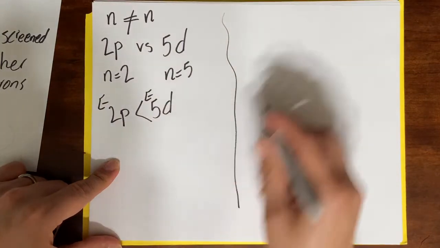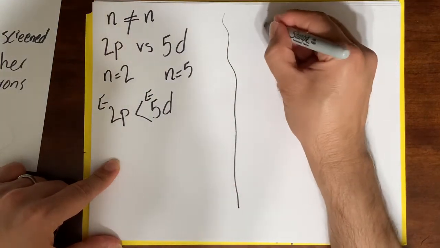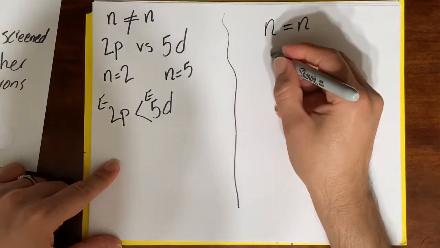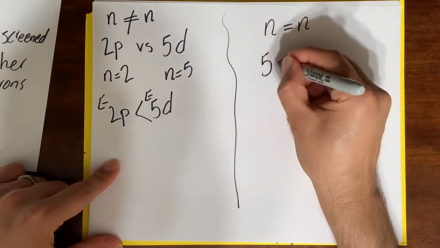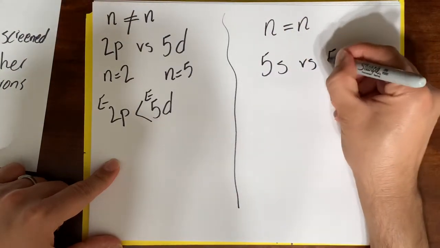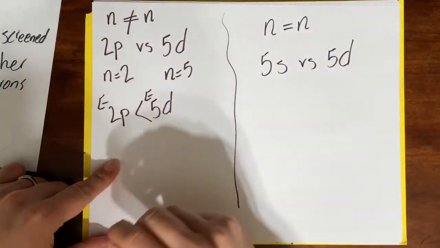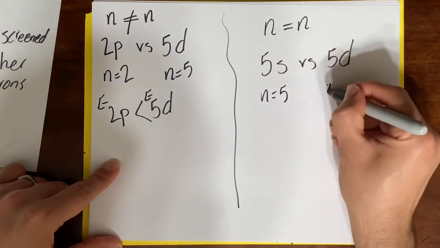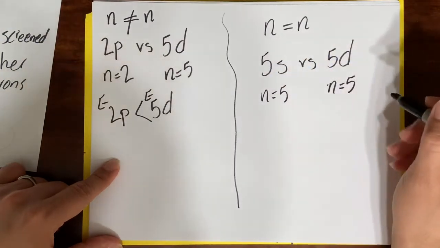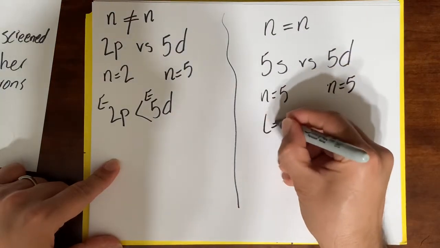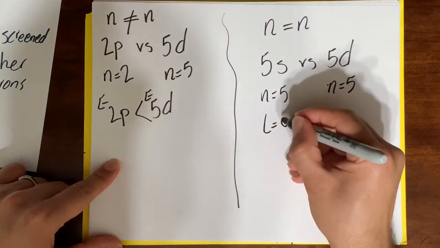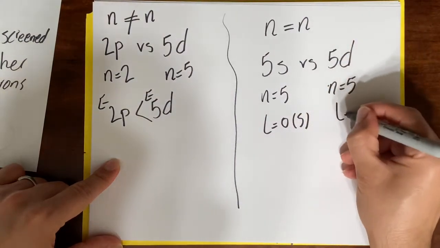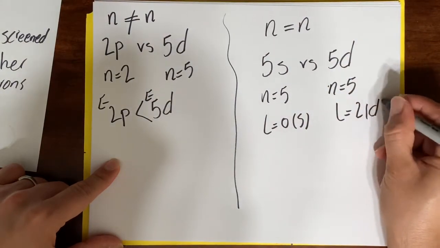And if we are dealing with the same n, like let's say 5s versus 5d, this time n equal 5, n equal 5. So you cannot use n, you go with L. L equal 0. How do I know L equals 0? Because it's an s orbital. This one L equal 2 because it's a d orbital.